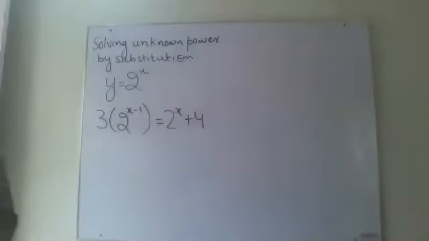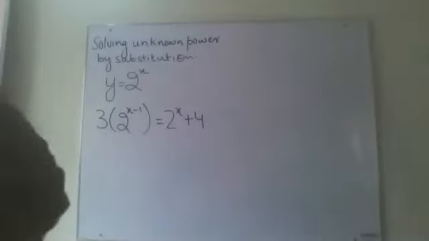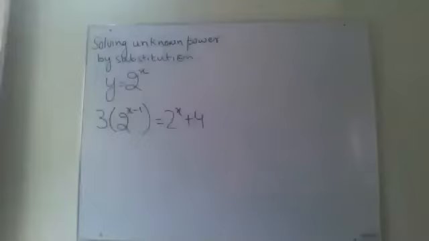This will be given when not all the bases can be converted into one, or some bases are in plus or minus form. Then we are going to use the substitution method.